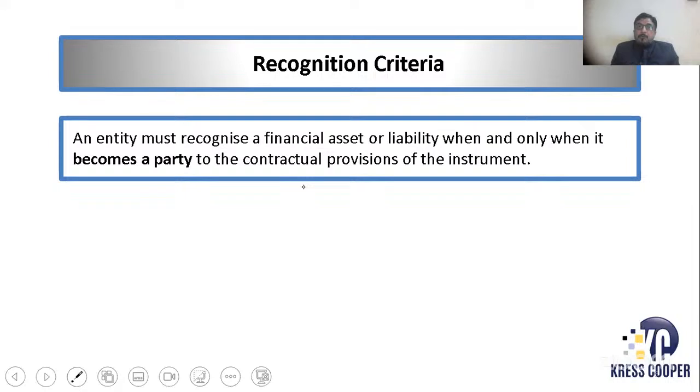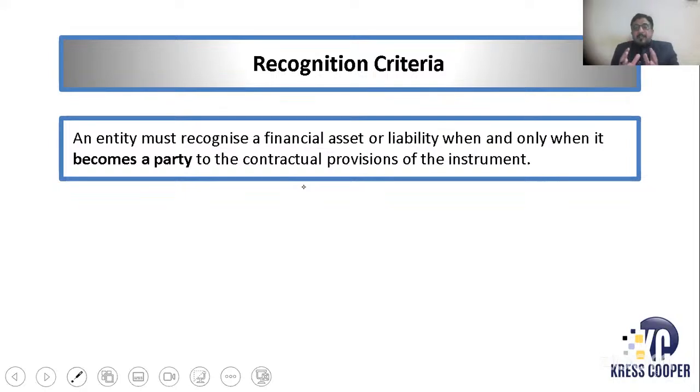Especially in forward contracts, we don't see any value associated to that derivative. But even then, we have to recognize a zero value financial asset along with a zero value credit.